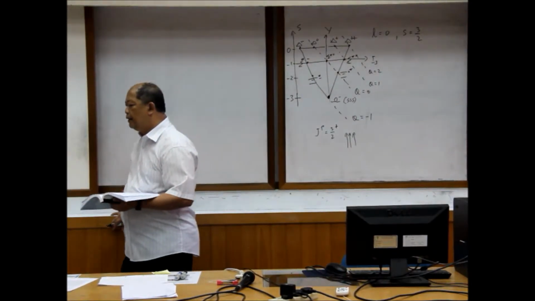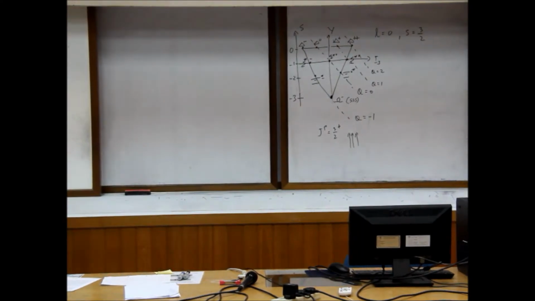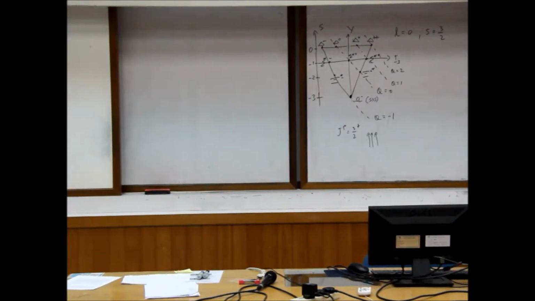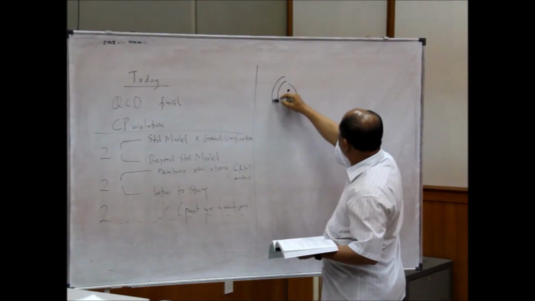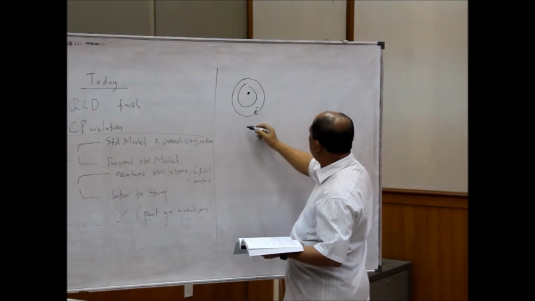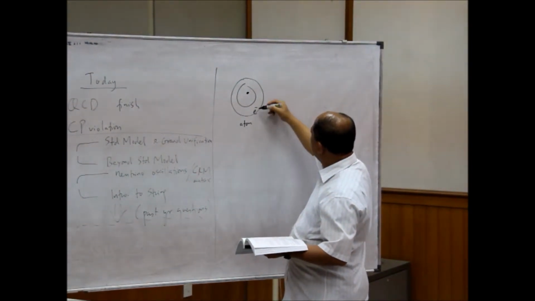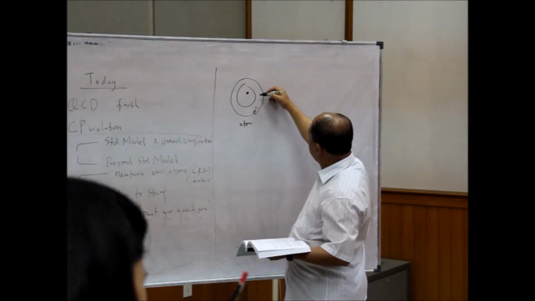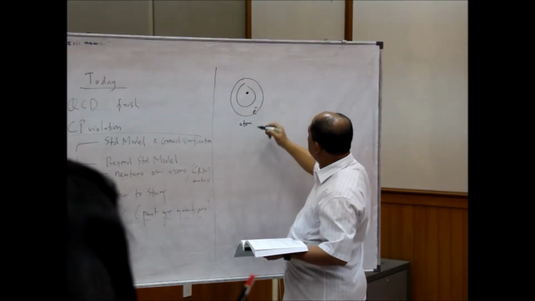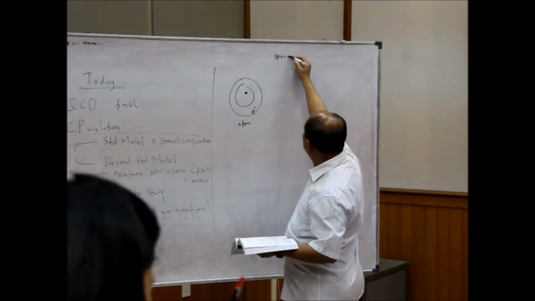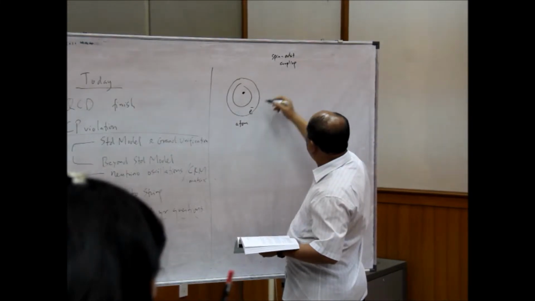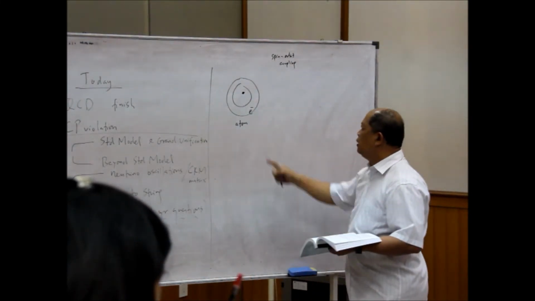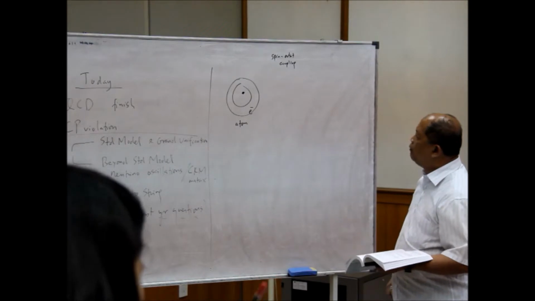From the shell model, in the nucleus. What we learn from the shell model, nucleus and the electron outside the atom, there is always a spin-orbit coupling. Spin-orbit coupling occurs in the electron outside the nucleus, and this can be seen if you apply a magnetic field.